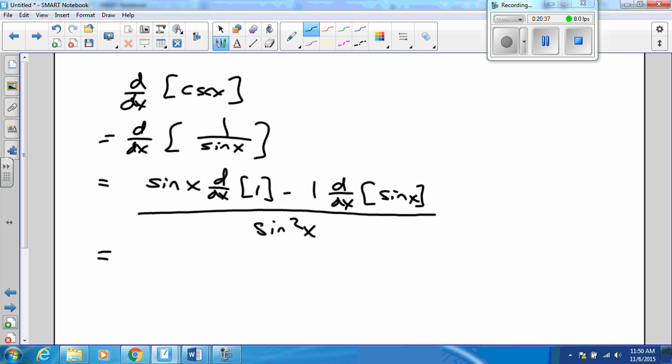Just like so. And once again, in the top, the first term, goodbye. And the second term, -1 times the derivative of sine x is? -1 times the derivative of sine x is negative cosine x, that's right. All over sine squared x.